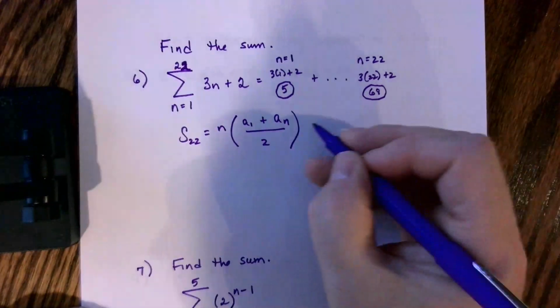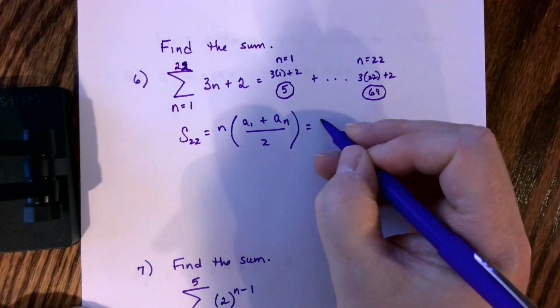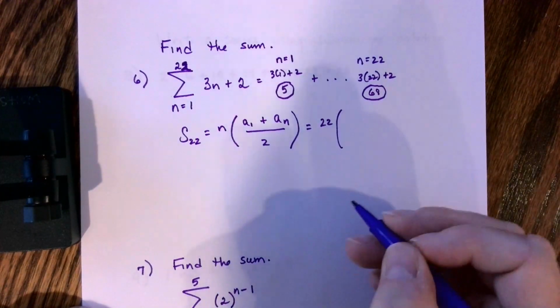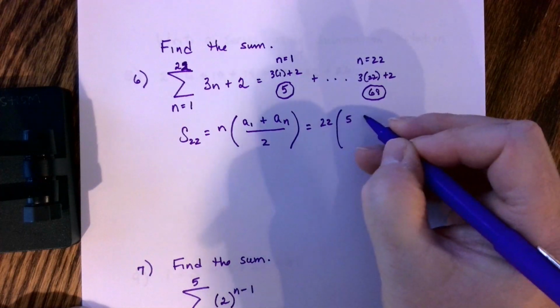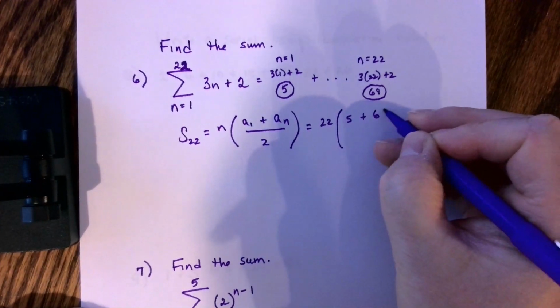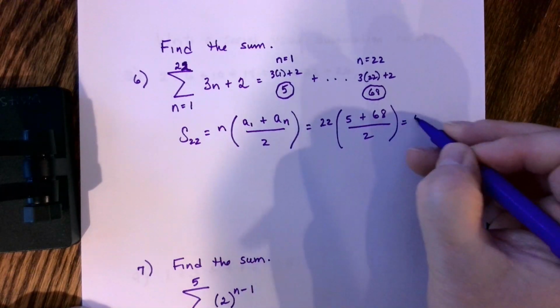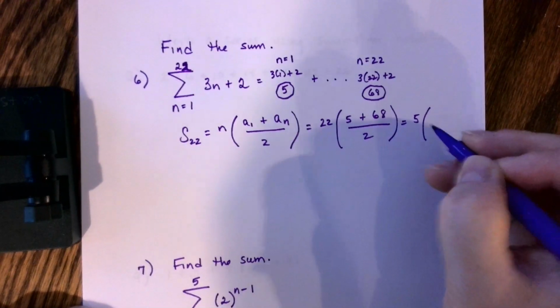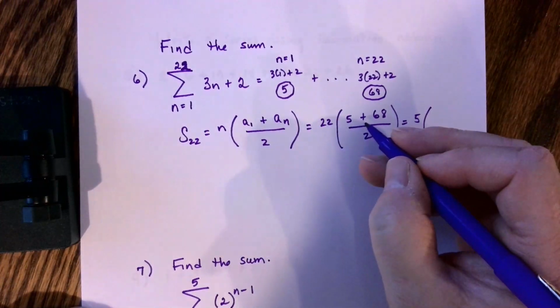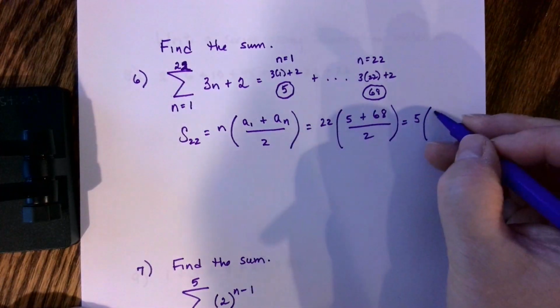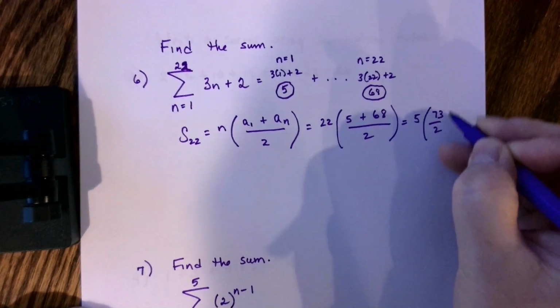Now substitute into my formula. The number of terms is 22. My first term is 5. My last term's value is 68, all divided by 2. Continuing on, 5 plus 68, of course, is 73, all divided by 2.